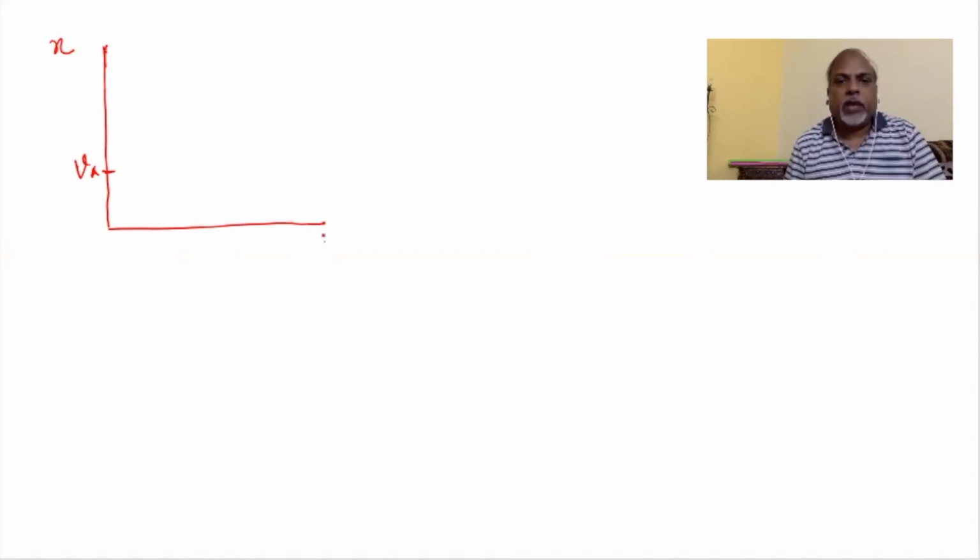And this is an XT graph, suppose. This is point A and this is point B. At time t is equal to 0, your car A is at a distance of suppose 10 meter and B is at a distance of suppose 20 meter.